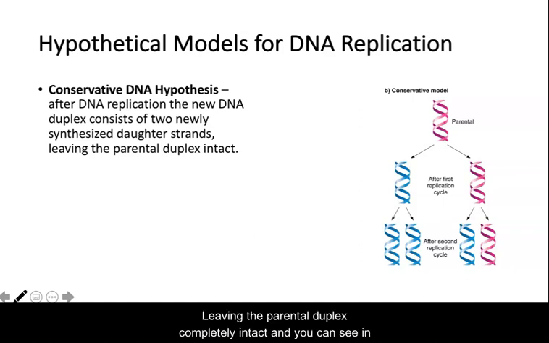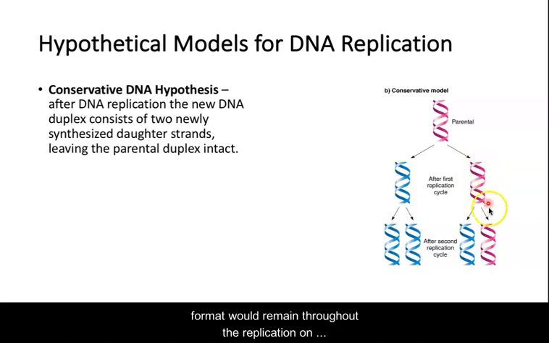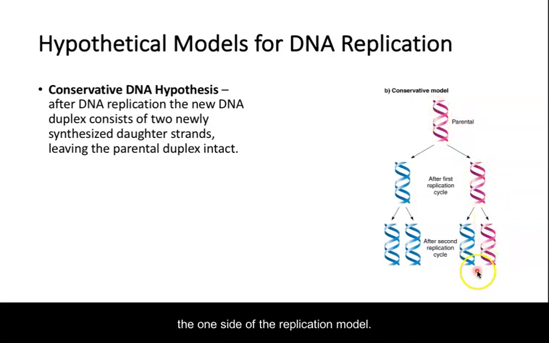And you can see in this particular situation, you've got this parental strand, and if it was totally conservative, you would just have replication occurring, and the parental format would remain throughout the replication on the one side of the replication model.